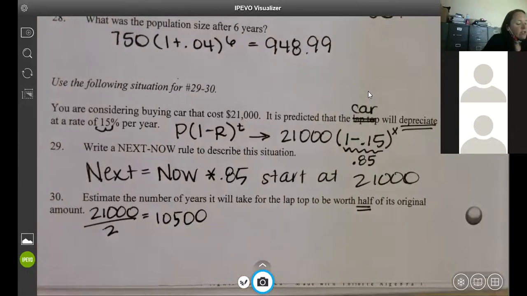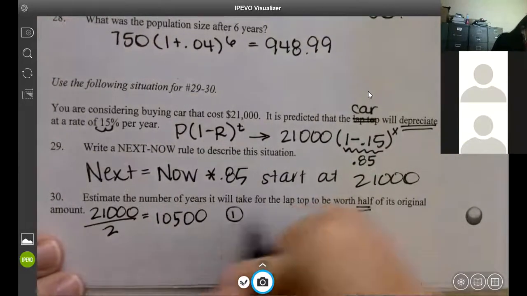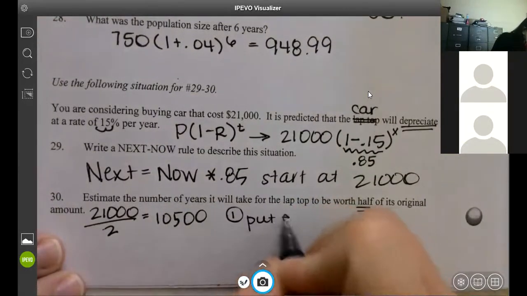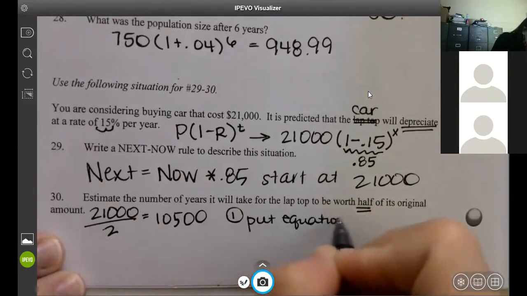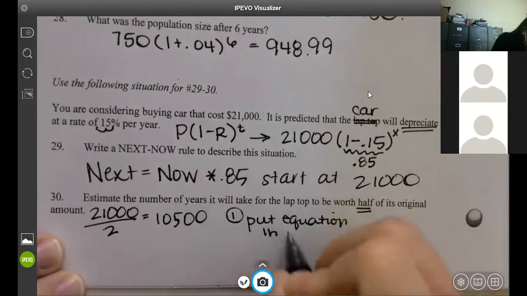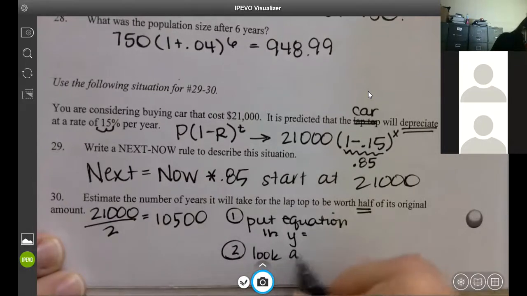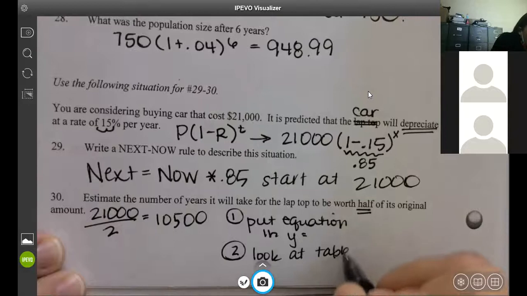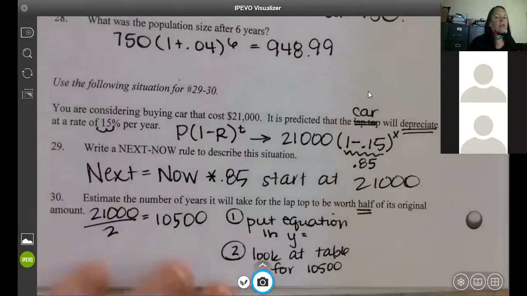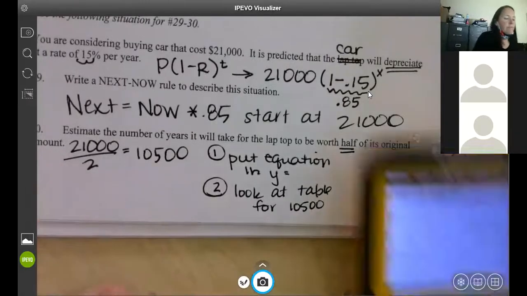So what we need to do, follow these steps. Put the equation in Y1 equals, and then look at the table. And you're looking for that value, that 10,500.